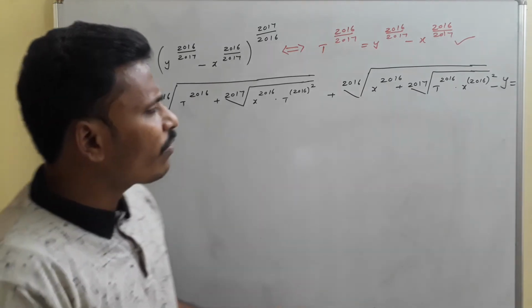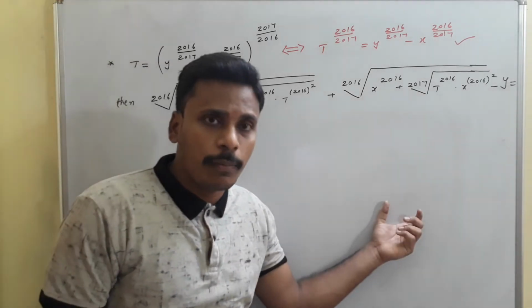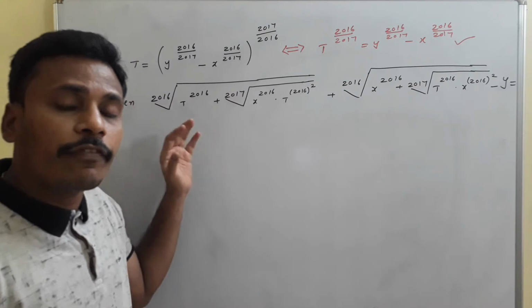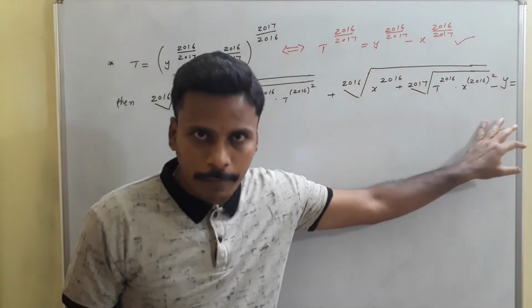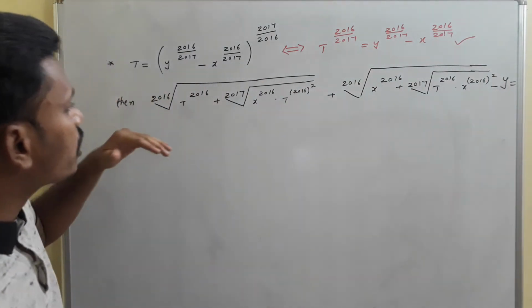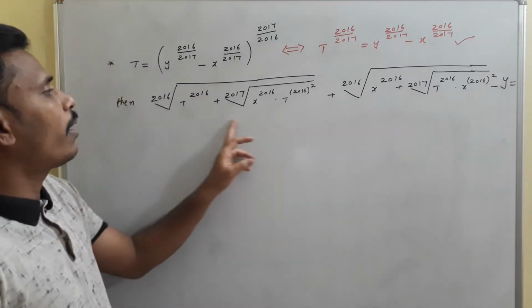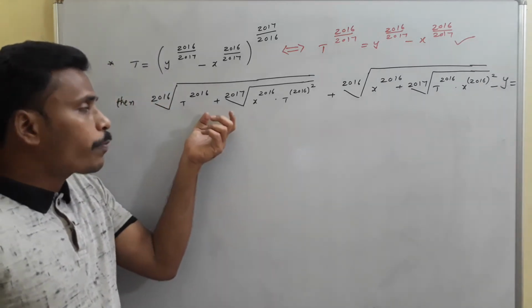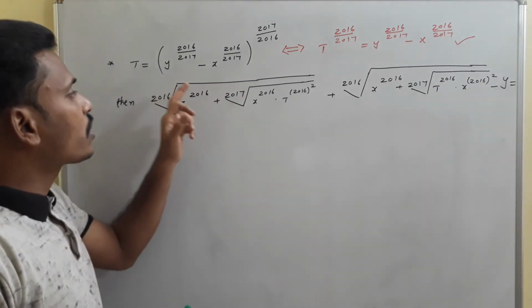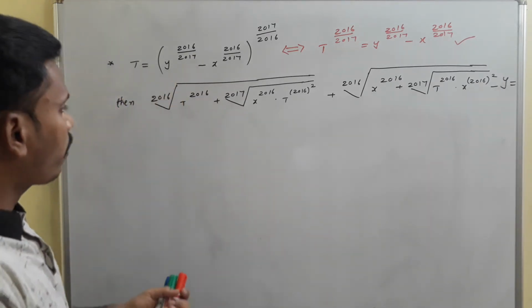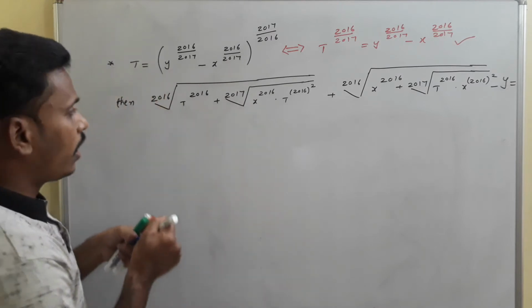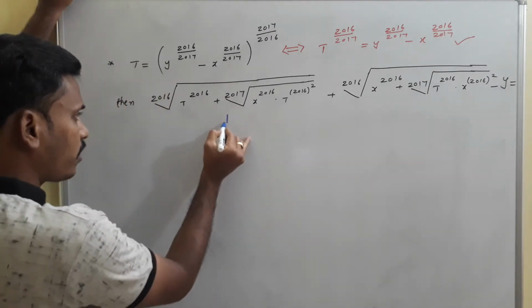In the same way, we have a chance to simplify the second term. At the end, we will combine the first term, second term, and minus y. So I am just paying my attention on this first term. Okay, and specifically, you just think about this expression in the 2016 root first. So what I am going to write here is, yeah, just think about this first term. That's enough.